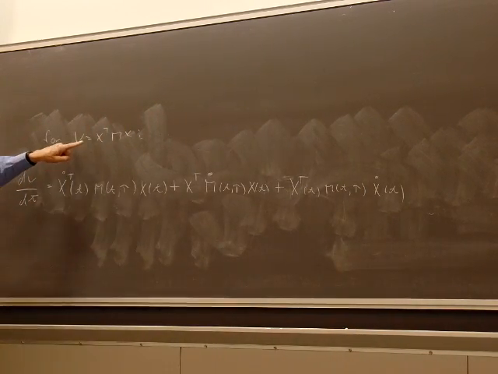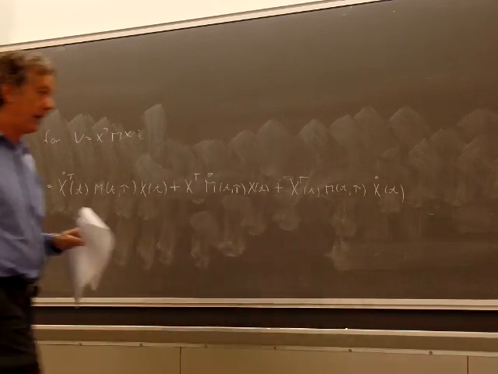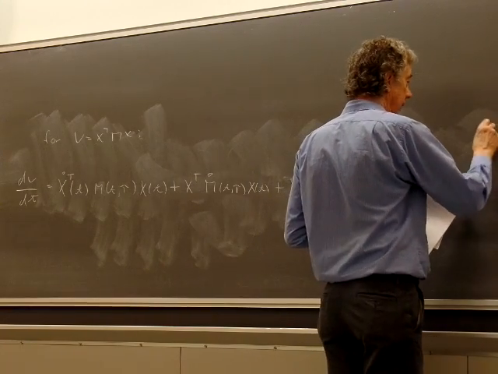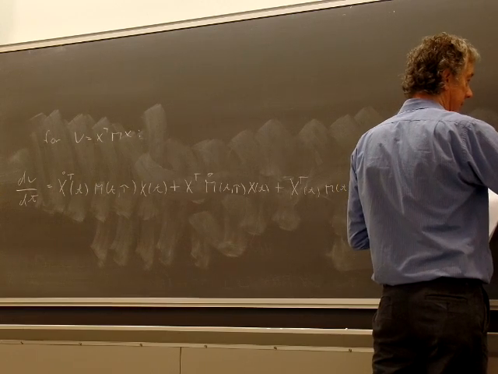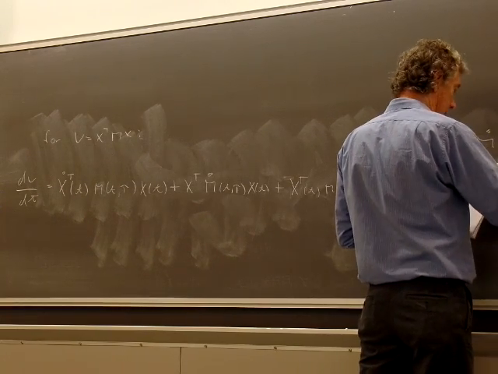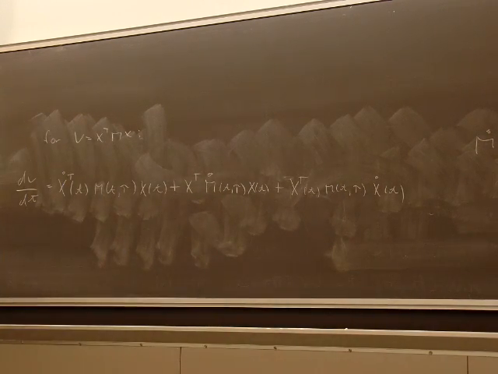So to take derivative of this, I need to take derivative of each part of it. And M dot, in this case, means the partial of M, which is a function of t and tau, with respect to t. Partial derivative of M with respect to t. All right.